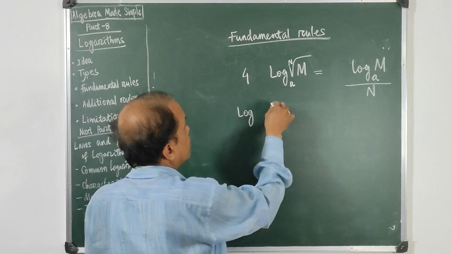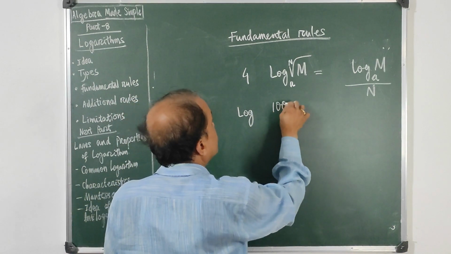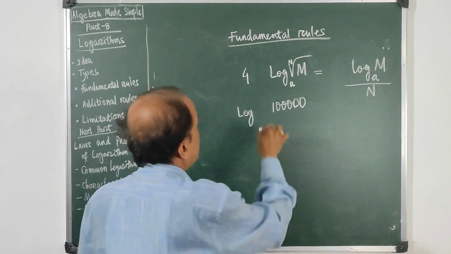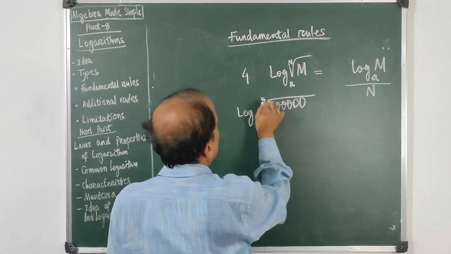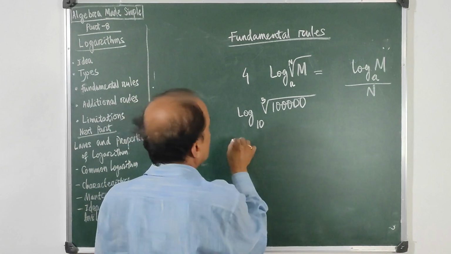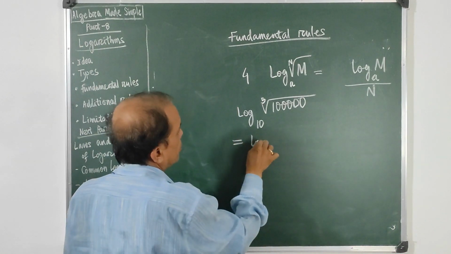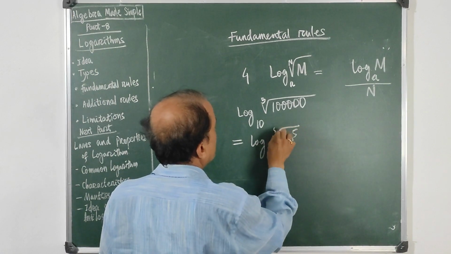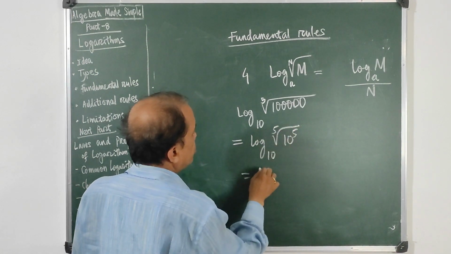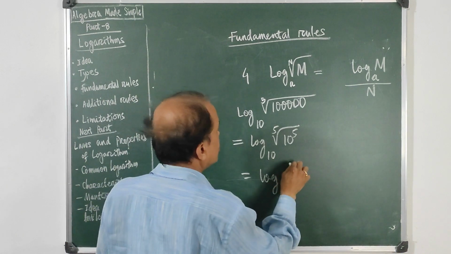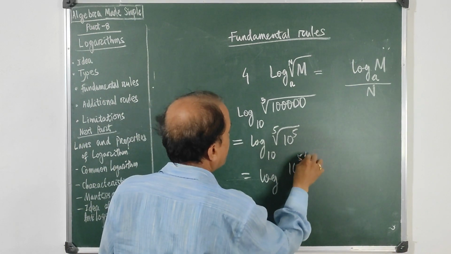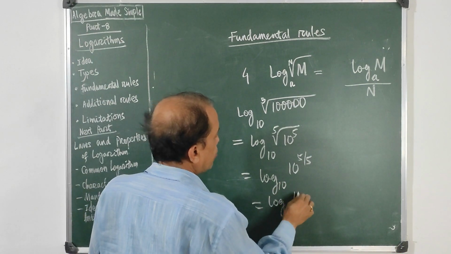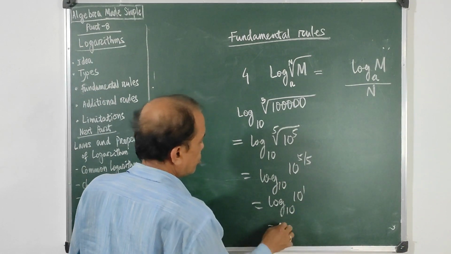Log, say, fifth root of 10 to the power 5 to the base 10, which is equal to log 10 to the power 5 by 5 to the base 10, is log 10 to the power 1 to the base 10, is equal to 1.